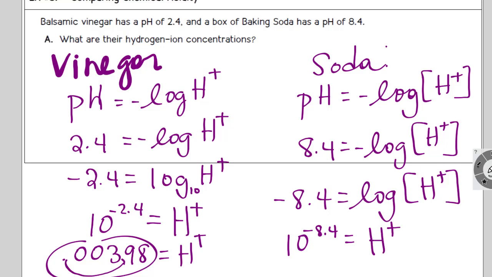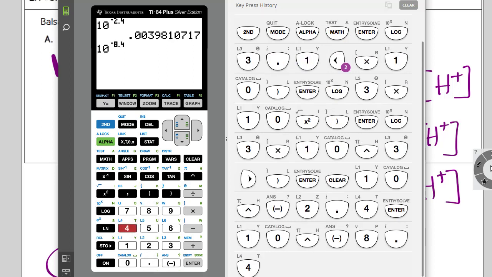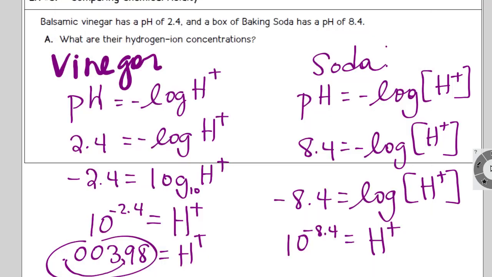Okay, and so if we do that on the calculator, we get 3.981 times 10 to the negative 9. All right, they've already got that one in scientific notation for us.